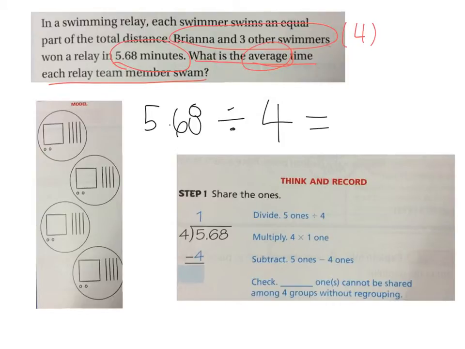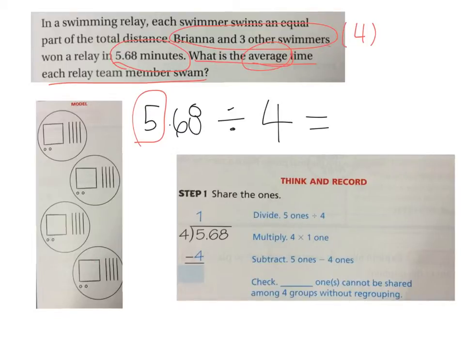How many ones do I have all together? Show me with your quiet hands. How many ones do I have all together? 5, right? Because in the ones place, I have 5. If I have 5, can I share them equally amongst the 4 groups? No. Can I give each group 1, though? Yeah, you can see here in the model, each group has 1, 1.